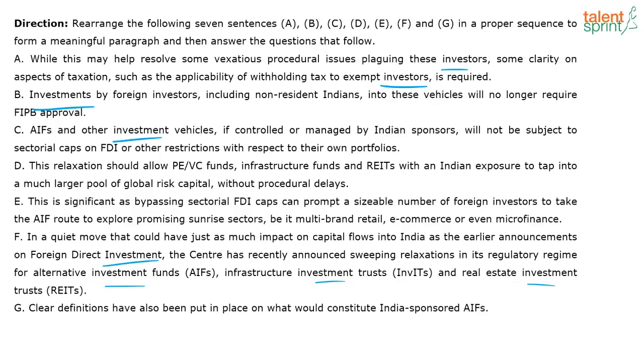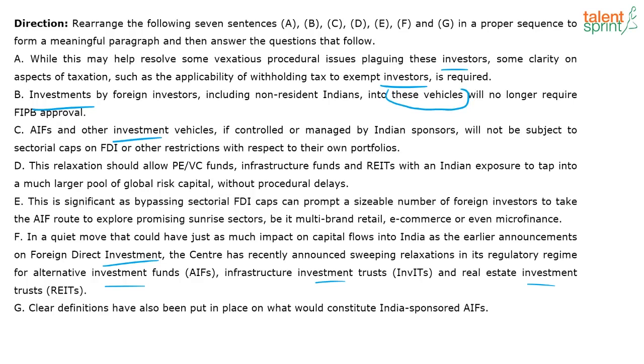Now, for those who said the topic sentence is B, let's read that sentence. It says, investments by foreign investors, including non-resident Indians, into these vehicles will no longer require FIPB approval. So my clue is these vehicles, which means these vehicles have already been discussed in a previous context, right?